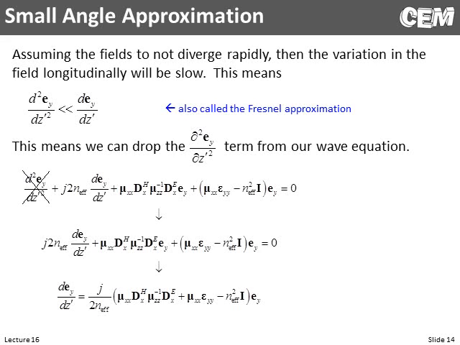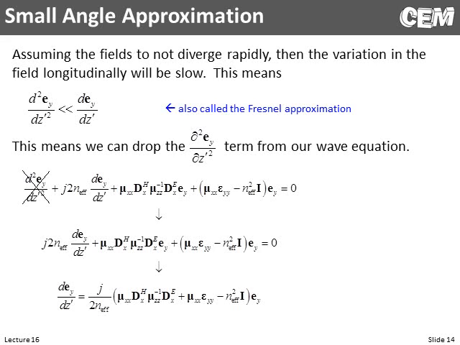So if the field in the z direction is not changing very rapidly, then the second order derivative has to be a lot smaller than the first order derivative. The first order derivative tells us how much is changing. Second order derivative tells us how much the change is changing. Well, if it's really slow, the first order derivative will be small anyway, but the second order derivative will be even smaller.